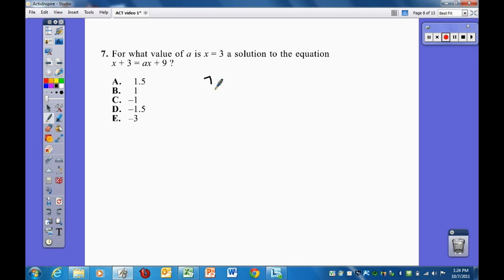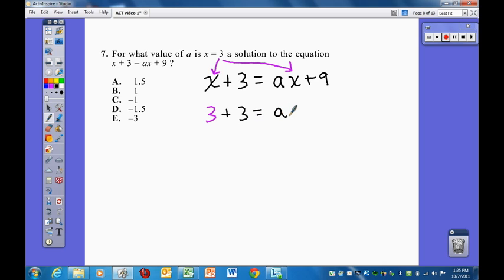All right, so I'm going to rewrite the equation, and I'm going to substitute in my value of 3 for X. Okay, I've got to substitute it in there, and I've got to substitute it in there. So we get 3 plus 3 equal to A times 3 plus 9.